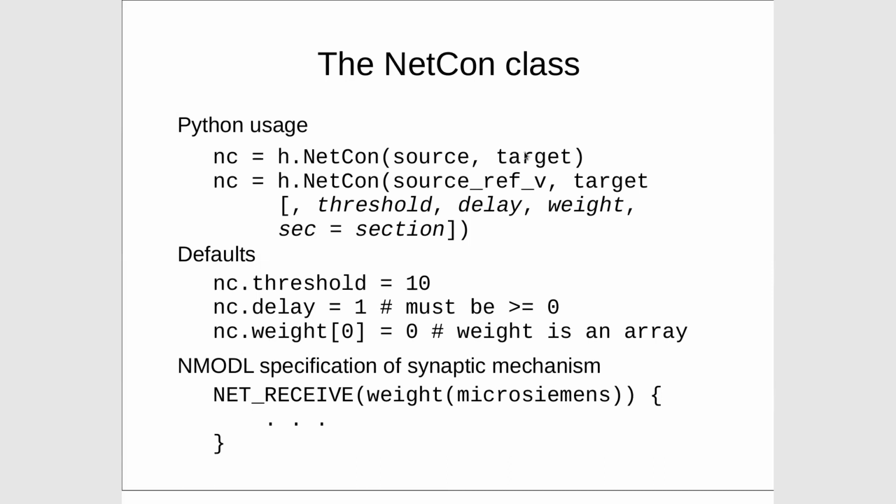Well, what is the source going to be? The source is going to be a pointer to a presynaptic membrane potential, okay? And the target is going to be a synaptic mechanism that can receive events, okay?